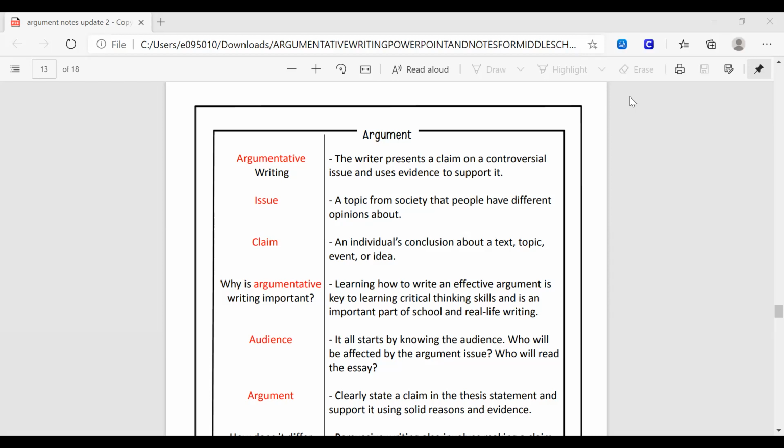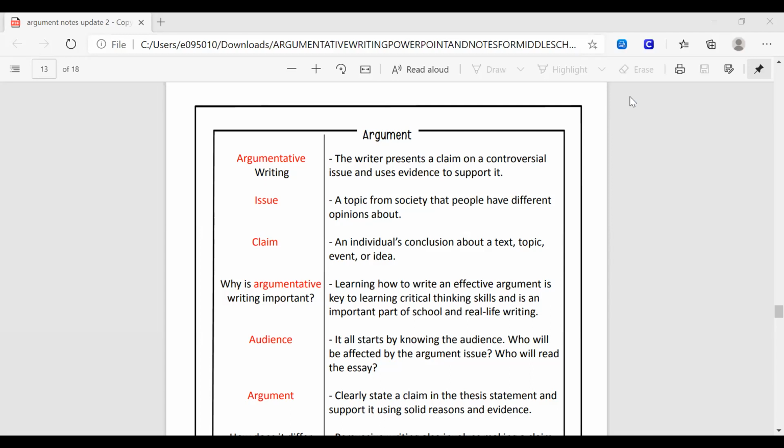All right, so the top of your first page should say argument. Our first blank that we're going to fill in is a word that we are defining, and we are defining argumentative writing. Argumentative, spelling is on the screen, argumentative writing.